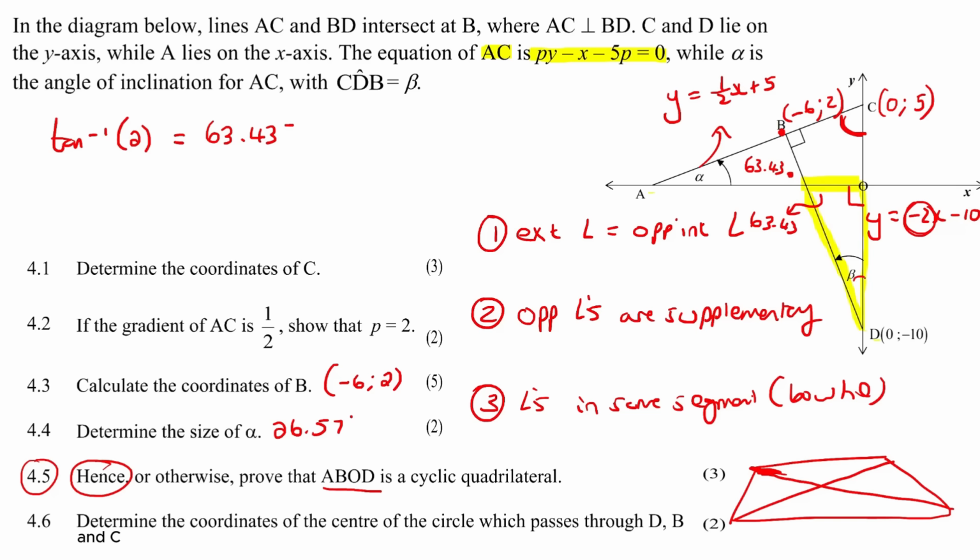But anyways, if you eventually go and work out this angle beta, you will also get 26.57. And so then we can say, therefore, theta is the same as beta. So therefore, ABOD is a cyclic quadrilateral.